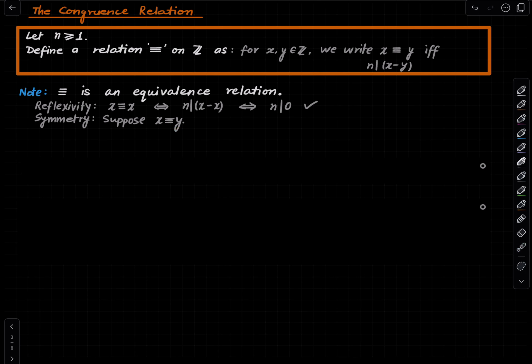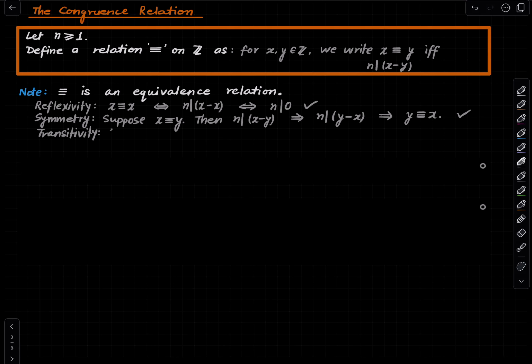Is it true that y is related to x? So then by definition n divides x minus y. But if n divides x minus y, then of course n divides y minus x, which is same as saying that y is related to x. So symmetry also holds. And transitivity.